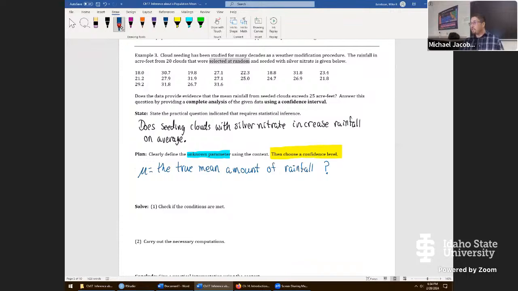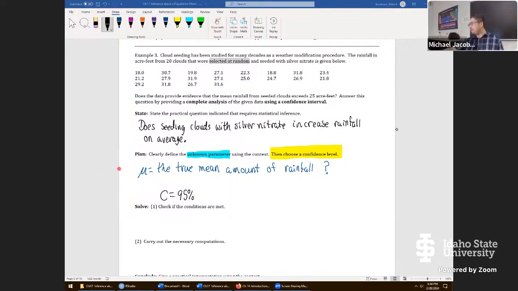Absolutely, we want to state the confidence level. Let's go with C equals 95%. And in the chat, Jackson mentions all clouds seeded with nitrate as well. Yeah, exactly. So that's the thing that's missing right here.